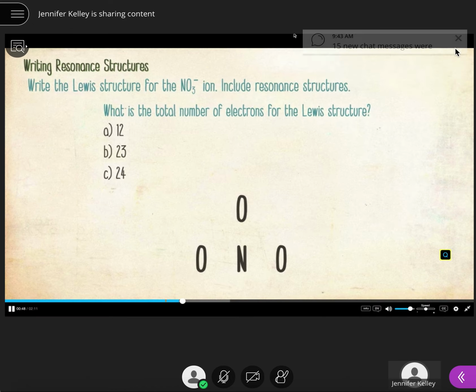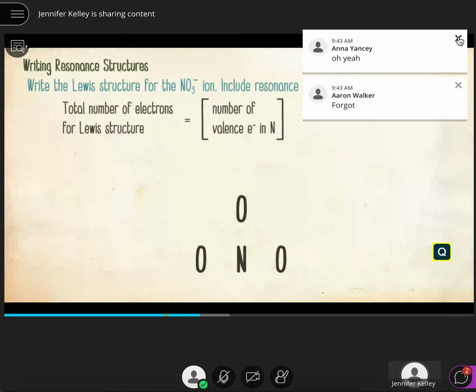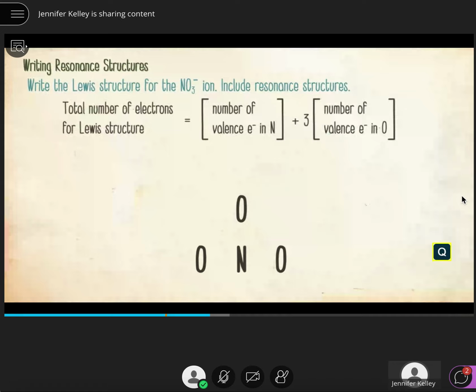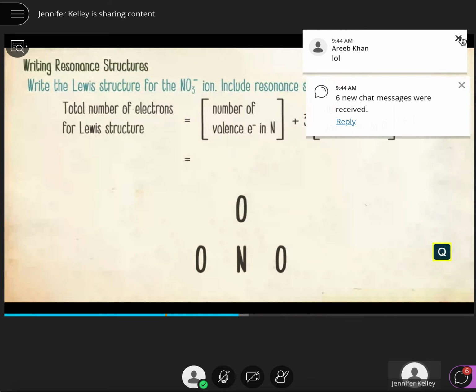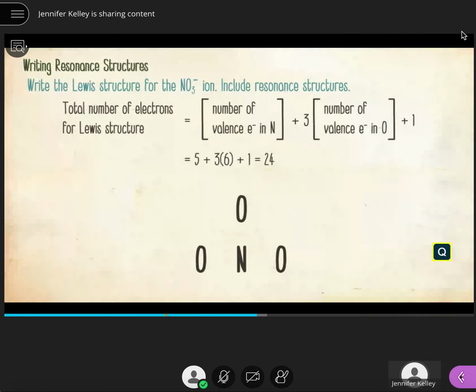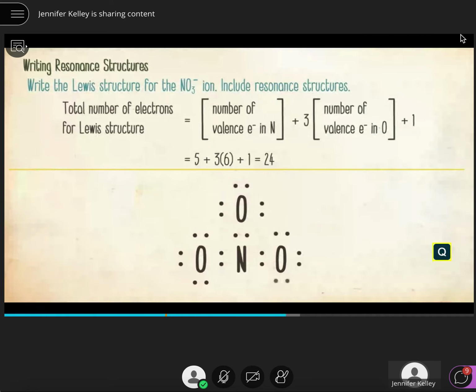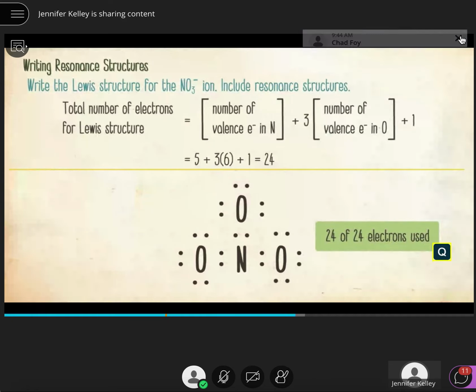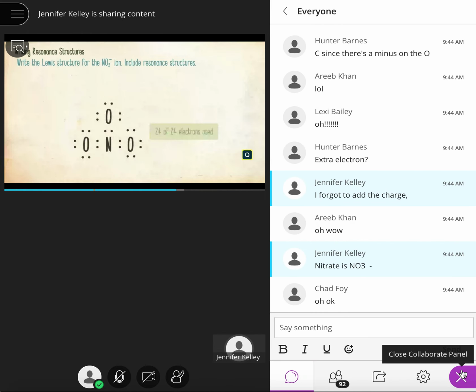The correct answer is C, 24. The total number of electrons is equal to the number of valence electrons in nitrogen plus 3 times the number of valence electrons in oxygen plus 1 for the negative charge. Since nitrogen has 5 valence electrons and oxygen has 6, that's equal to 5 plus 3 times 6 plus 1, which equals 24. Now, place 2 bonding electrons between each pair of atoms. Distribute the remaining electrons first to terminal atoms. Notice that you have used all 24 electrons, and there are not enough electrons to complete the octet on the central atom, nitrogen.